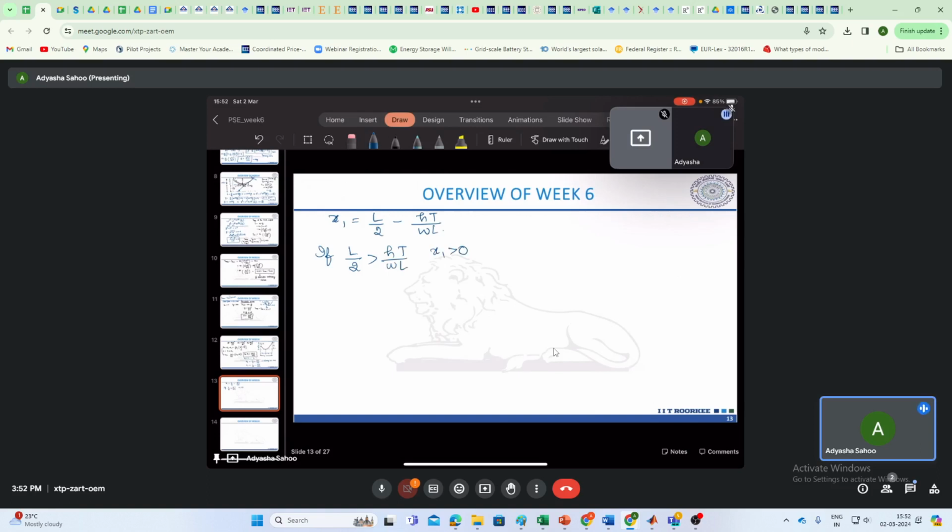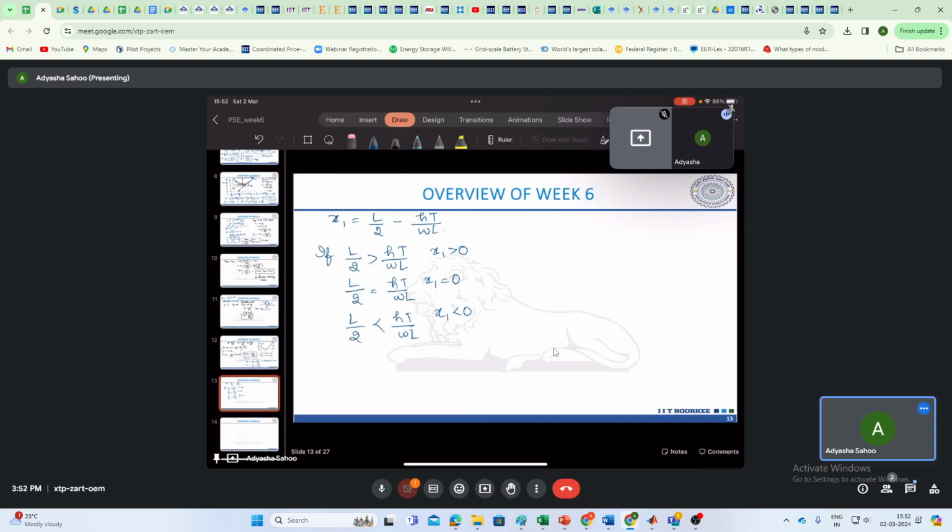This is the case that we saw earlier. If L by 2 equals HT by WL, X1 will be exactly 0. And if L by 2 is less than HT by WL, this X1 will be negative. So negative means it will lie outside the span.